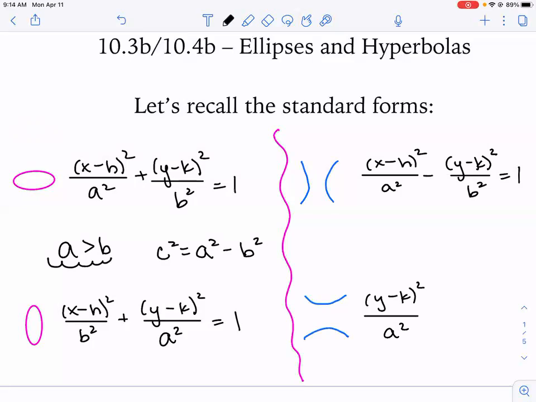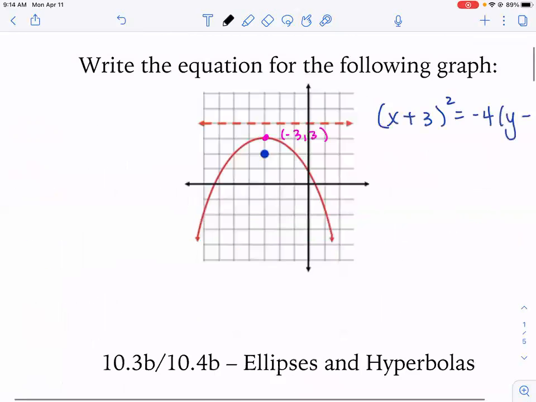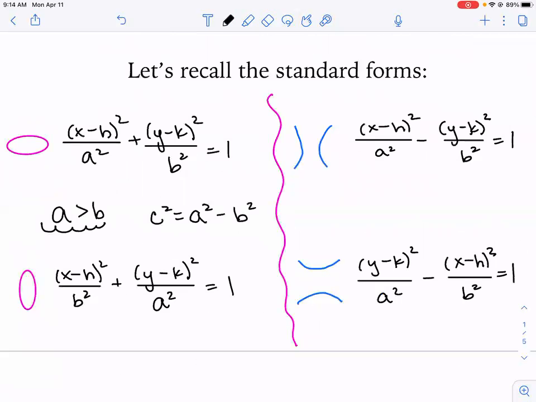A squared is always with the positive variable. A and B can be any sizes, doesn't matter who's bigger. However, for hyperbolas, C squared is A squared plus B squared.